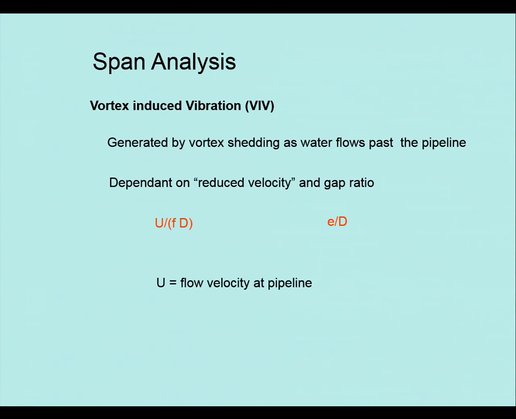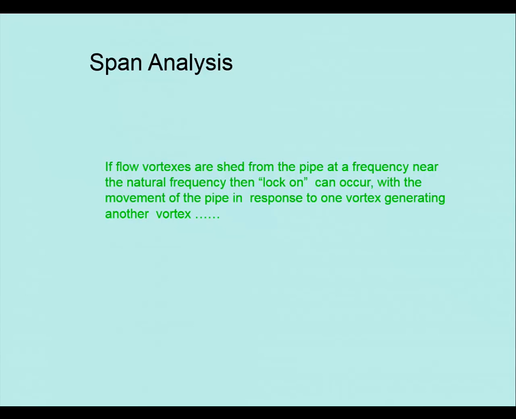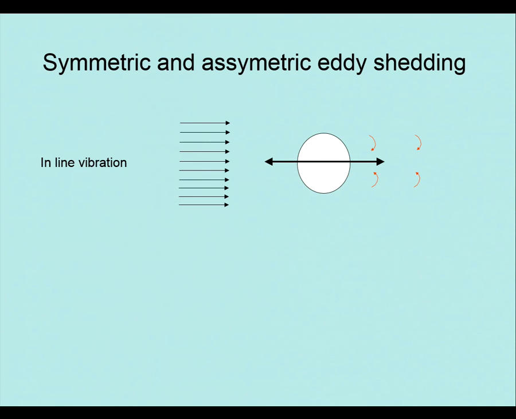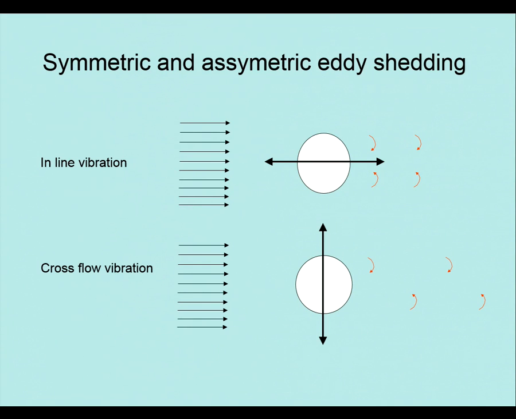Everything in this room, you, me, everything in this computer, everything's vibrating. And if you vibrate it at a certain frequency, it'll resonate and amplify it. And the pipeline's the same. So that's inline vibration, that's cross-flow vibration.